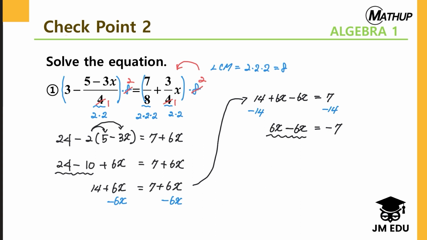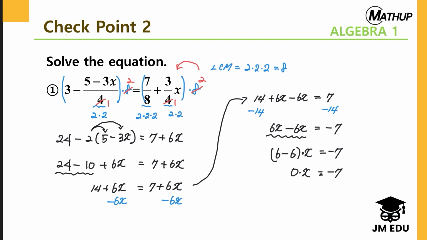Actually, I can write 6 minus 6 times x, because x times 6 is 6x, x times minus 6 is minus 6x, right? So that is equal to negative 7. So 6 minus 6 is 0 times x, which is 0, right? So we have 0x is equal to negative 7.